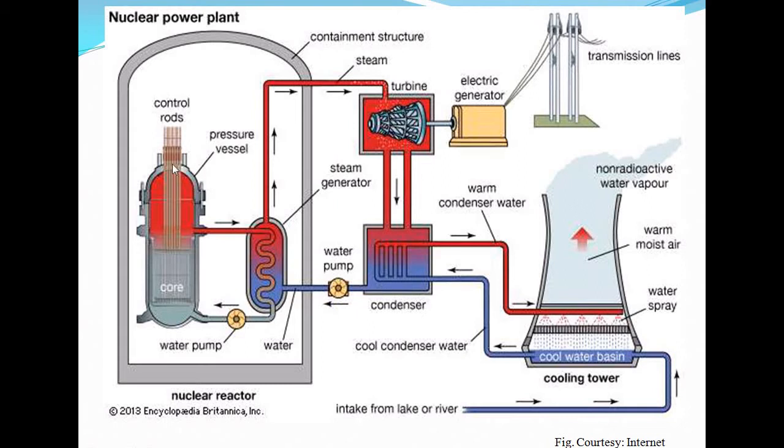So inside this pressure vessel, a core is there. Core means uranium will be placed here, and these are the control rods inserted in the pressure vessel. Here you can see water is circulated, and the water will absorb the energy and get converted into steam.